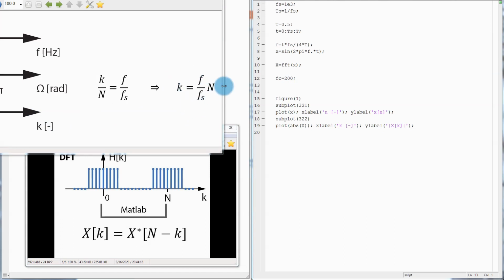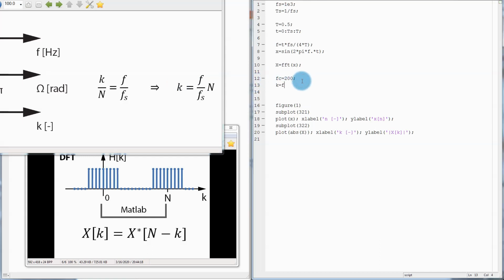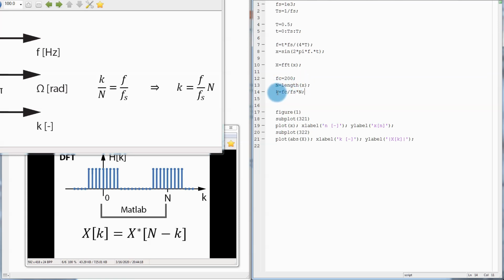So by using this formula, I can compute which index of the DFT corresponds to this frequency. And I need to set that the capital N is the length of my signal. And by doing this, I have computed the index which corresponds to this line.